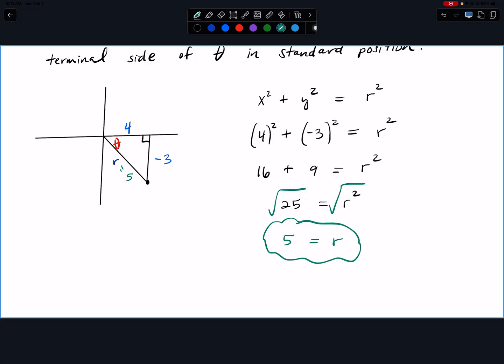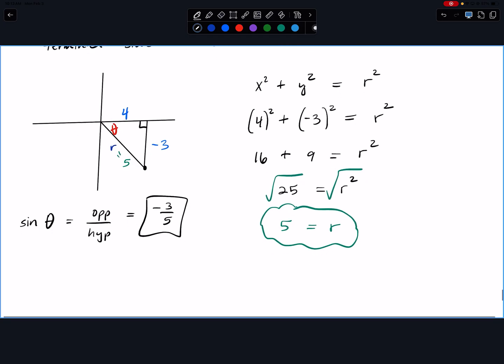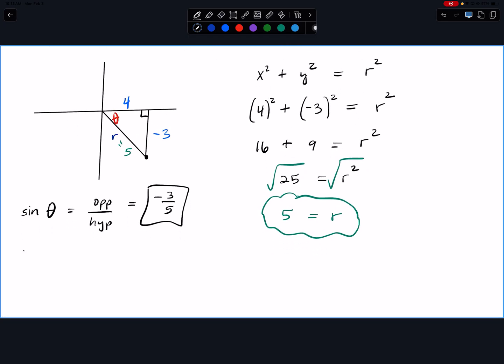Cool. So sine of theta. Sine, remember, is opposite over hypotenuse. So do you guys agree it's going to be -3/5? Yes? Okay. Cosine is adjacent over hypotenuse.